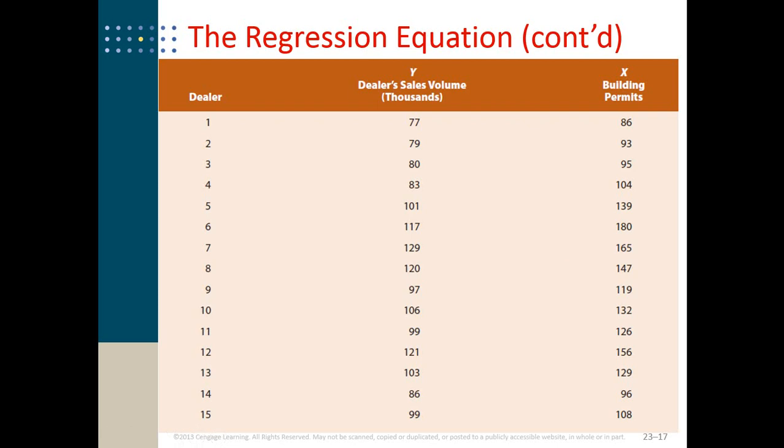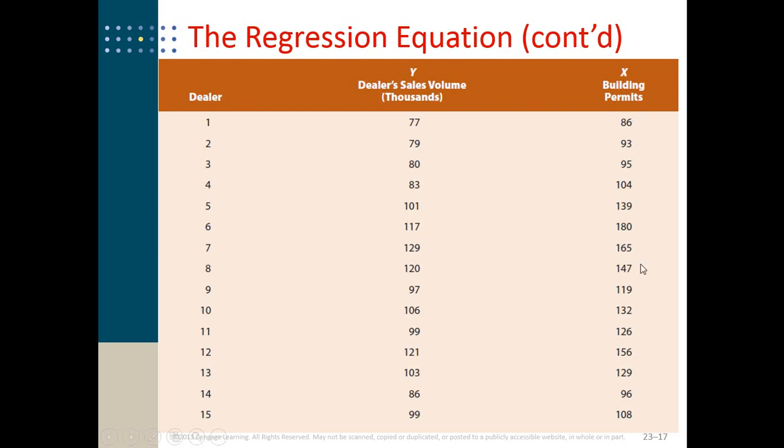Look at this example. We have two variables, dealer sales volume and building permits. So x is number of building permits and y is sales volume of dealers. When more building permits are issued by the city council, dealers are supposed to have larger sales volume.